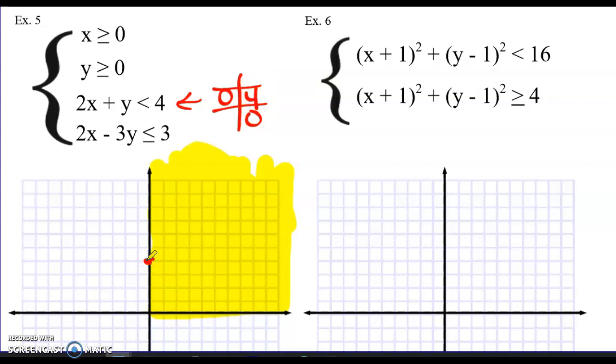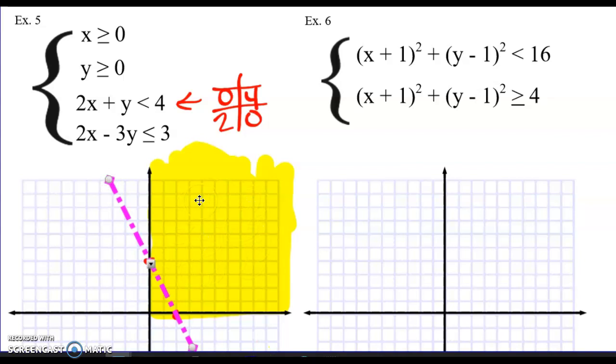And if y is 0, then x is 2. So that's right here. Then I decide, is that a solid line or a dotted line? It's a dotted line. And I'm just going to connect. Does it go further? Yes.